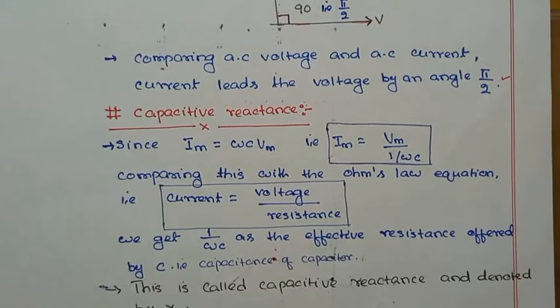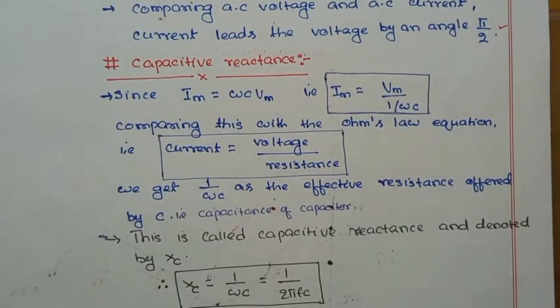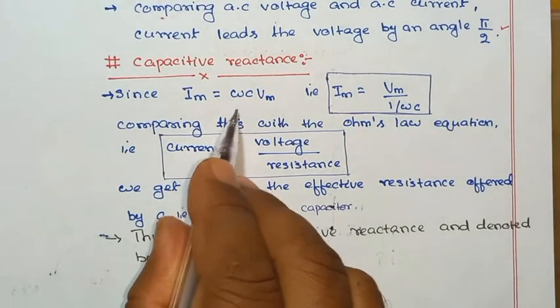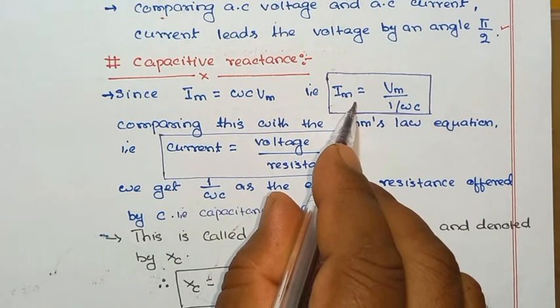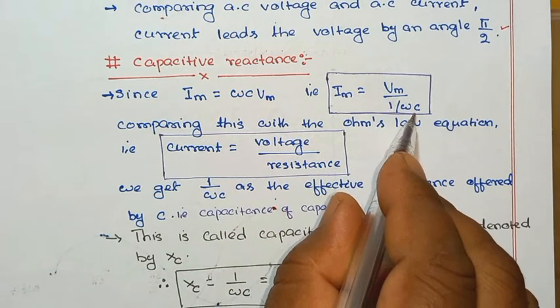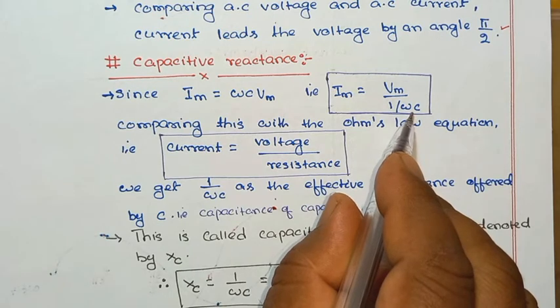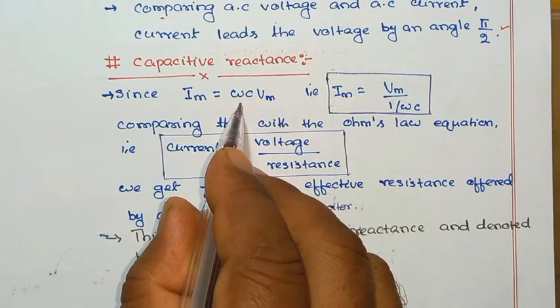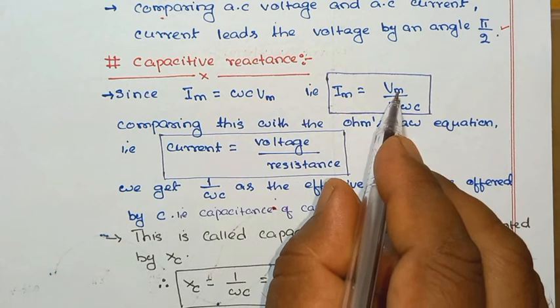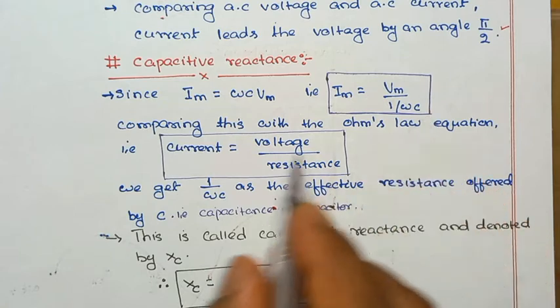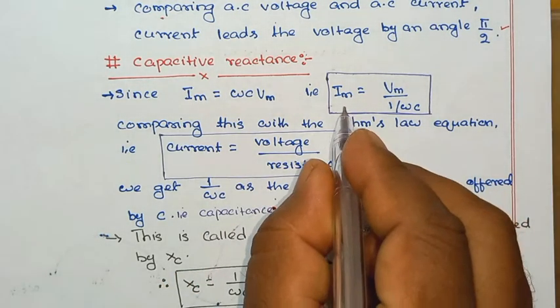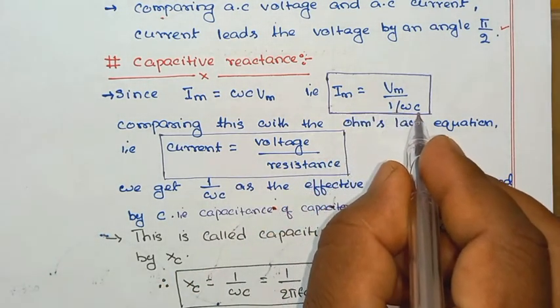अभी पढ़ेंगे कैपेसिटिव रिएक्टेंस. Since Im is equal to omega c Vm, that is, Im is equal to Vm by 1 by omega c. हम लोग इसको in the form of Vm by R में लिखेंगे to compare with Ohm's law. So, it becomes Im is equal to Vm by 1 by omega c.